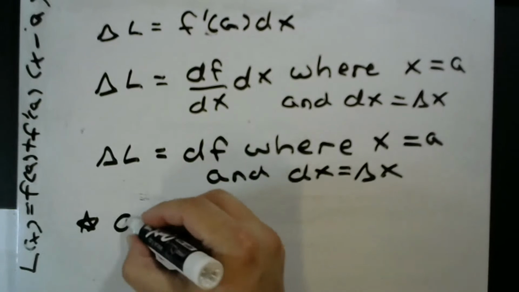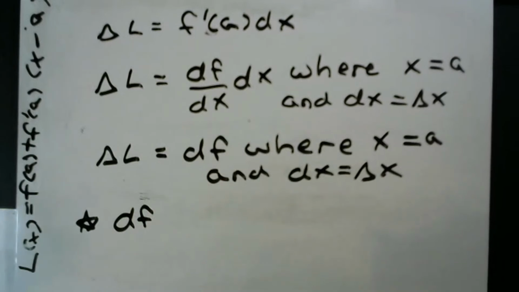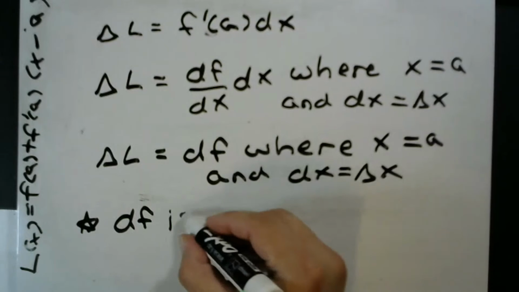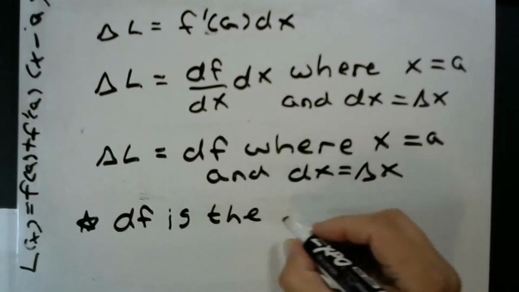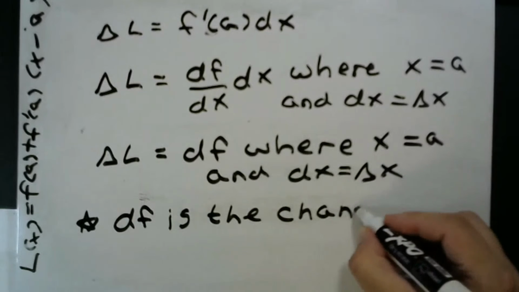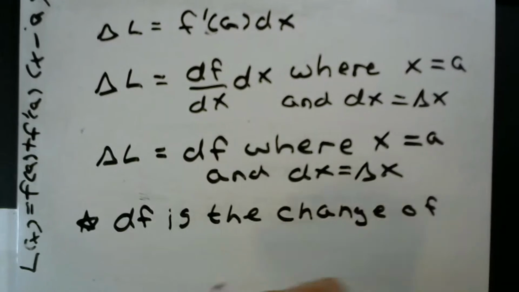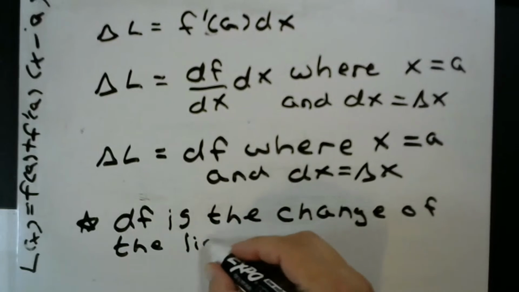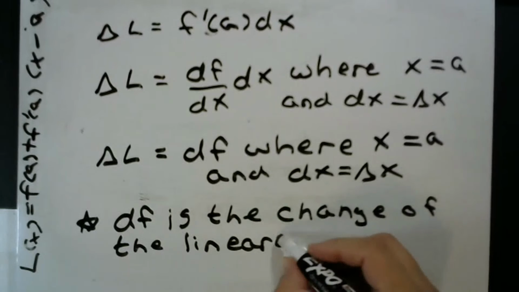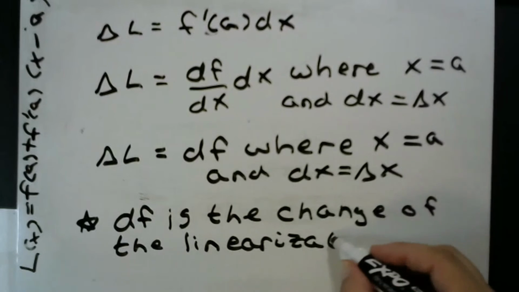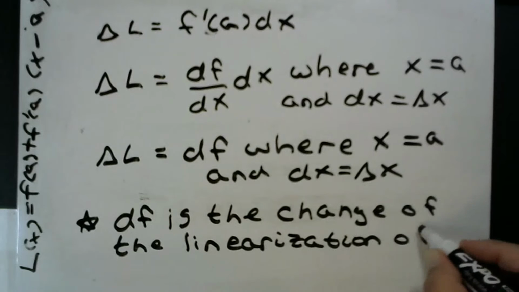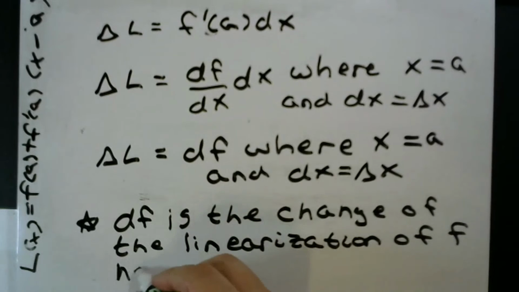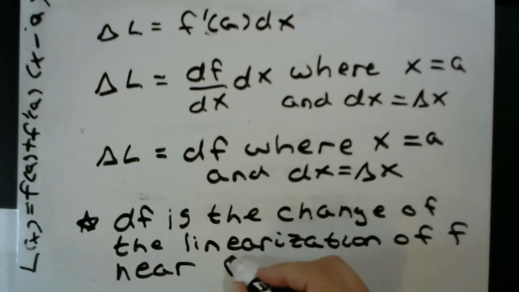So df, where delta f is the change of the function f, df is the change of the linearization of f near x equals a.